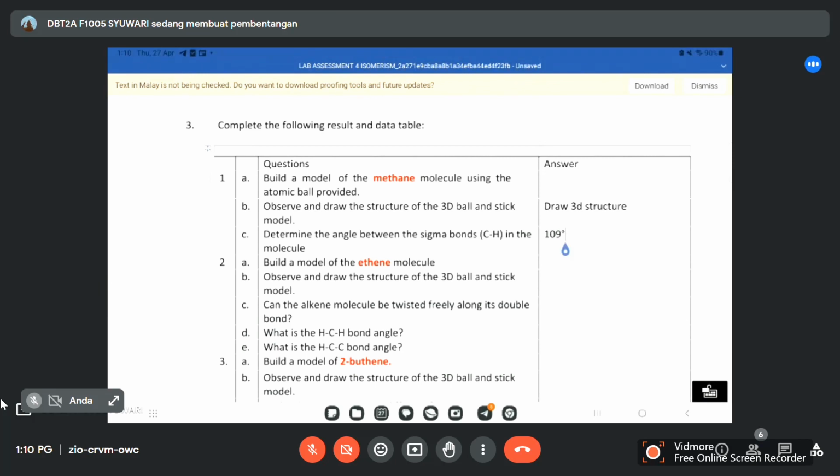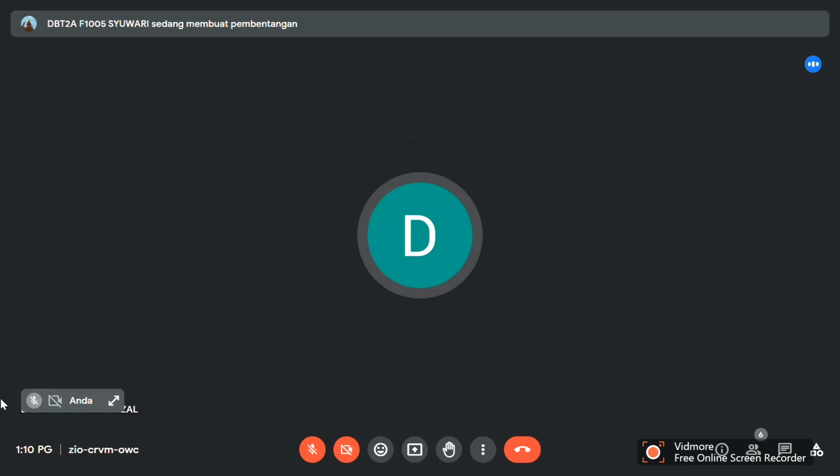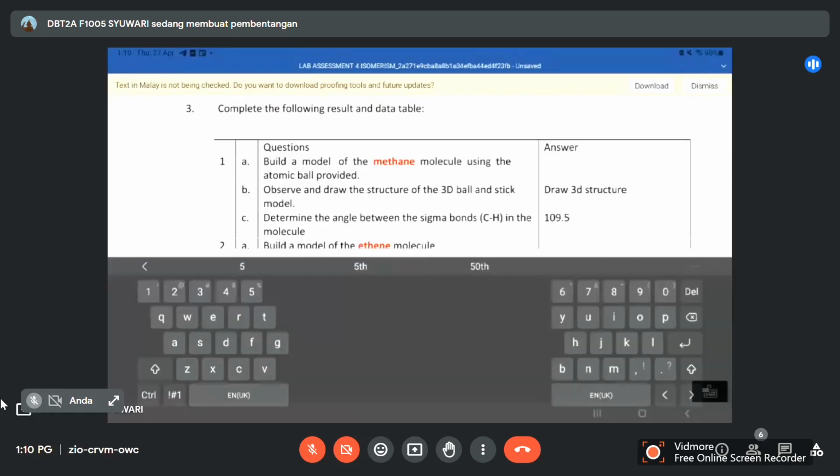So guys, what is the angle in the sigma bond of the methane? 109.5, right?